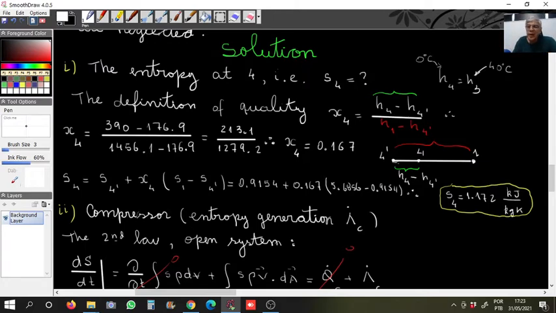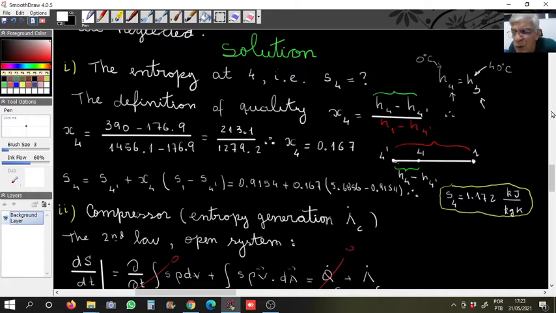State 4 is downstream of the valve, which has the same enthalpy as upstream, because it's an expansion valve. This helps us find the quality, so this is the quality number.